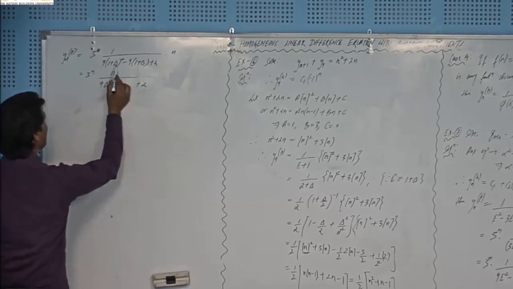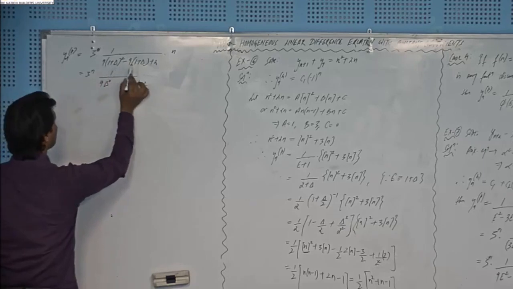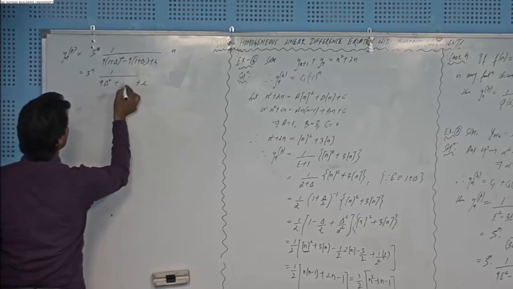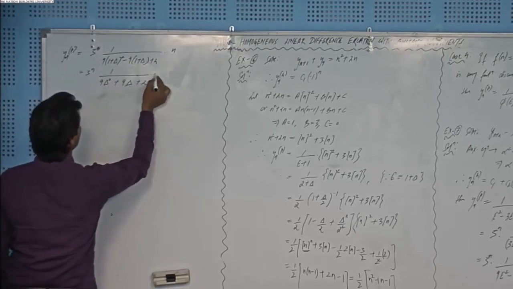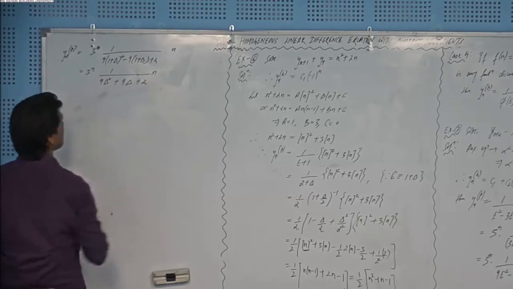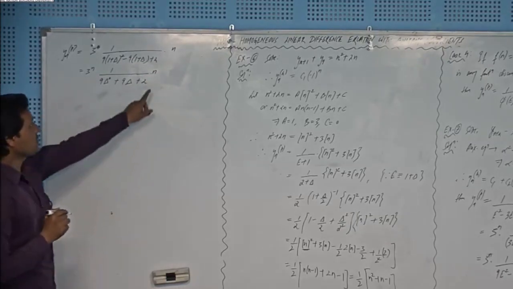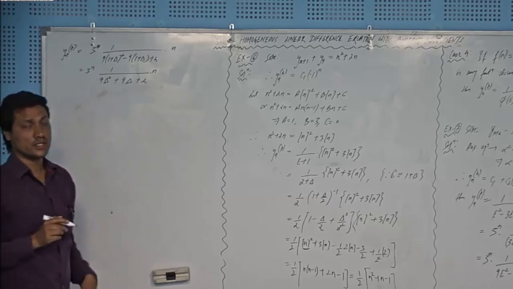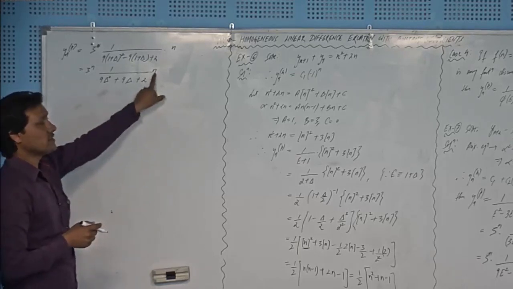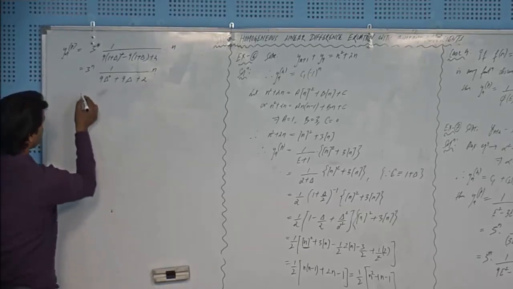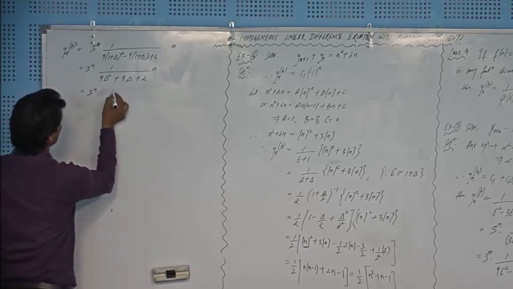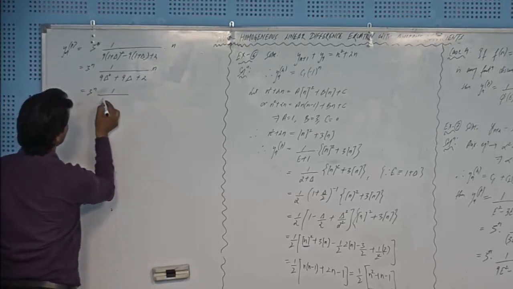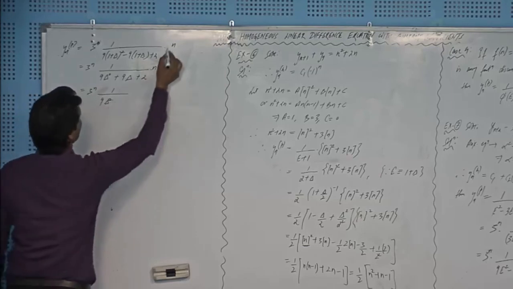And this will give you 2 delta, means 18 delta. 18 delta minus 9 delta, that is 9 delta, right? And here you will have n, right? And now converting this n into its factorial form, I already know that n is equal to factorial n, right? So I will replace this by factorial n.